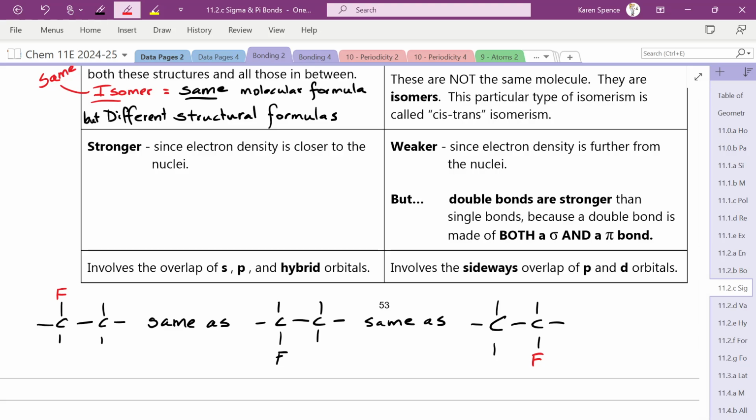I've actually flipped the whole molecule. The whole molecule has just rotated. So you can imagine a molecule in space. This molecule is the same as this molecule because it is just rotating.